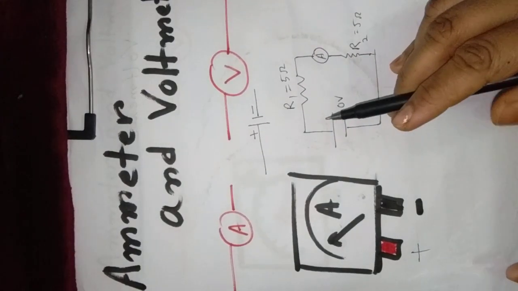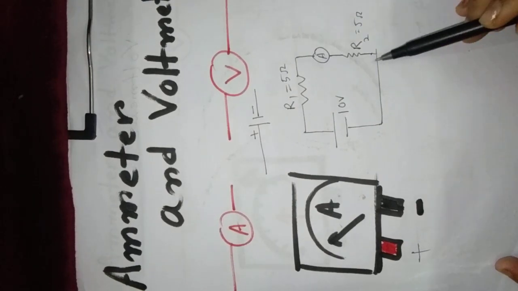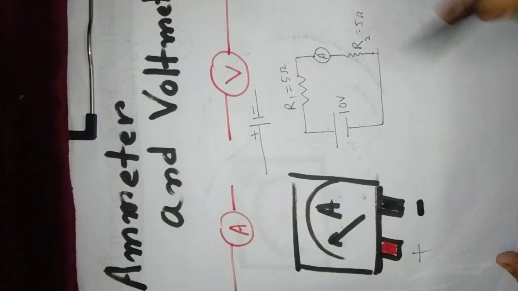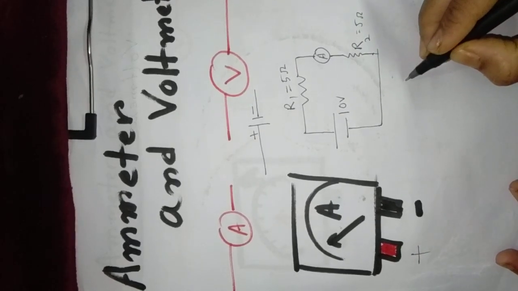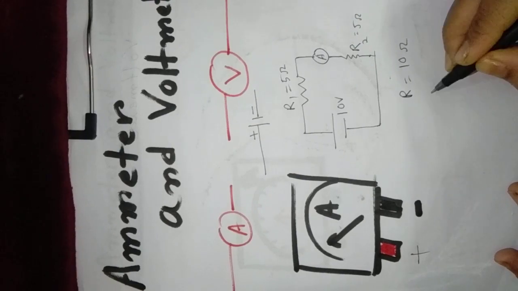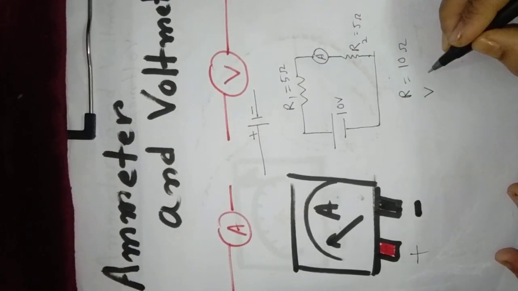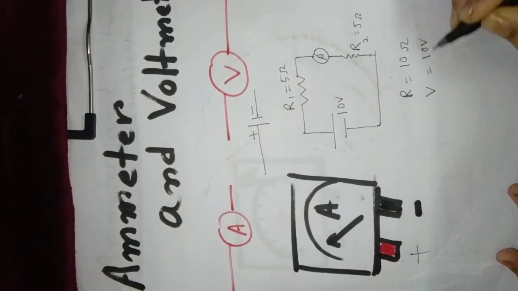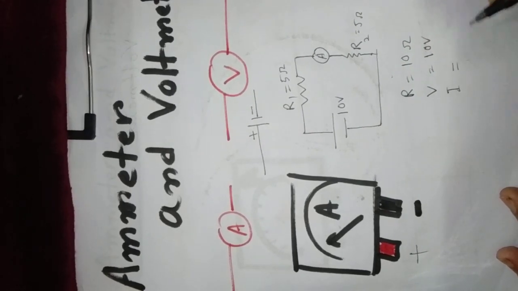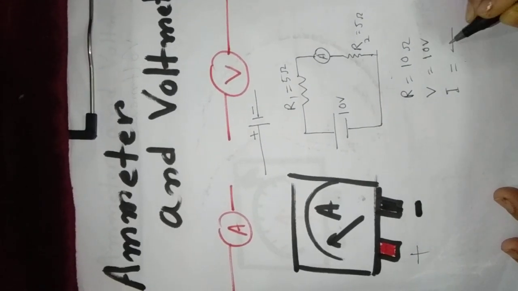So look, what type of circuit is this? Series circuit. So the total resistance will be what? 10 ohm. The voltage is equal to what? 10 volt. Then according to Ohm's law, what amount of current will flow through it? I equals what?